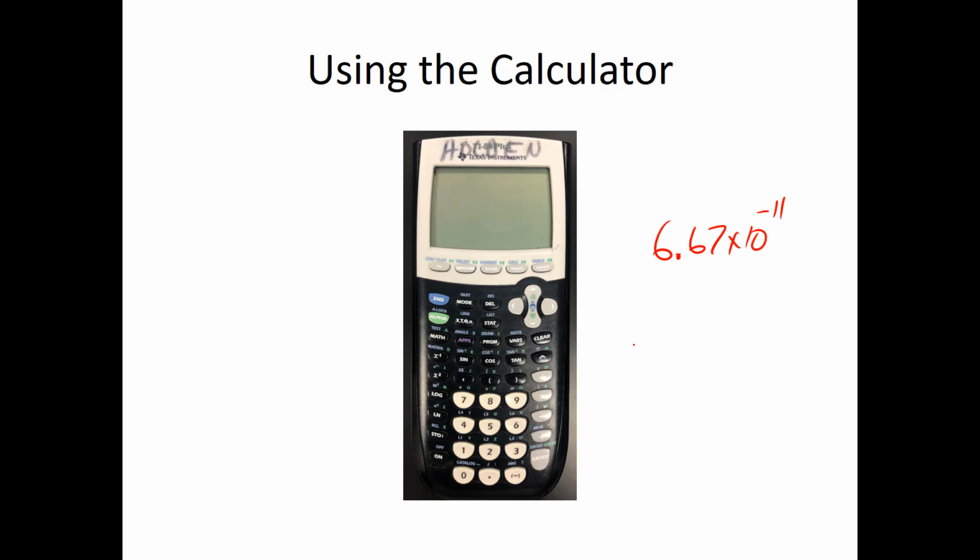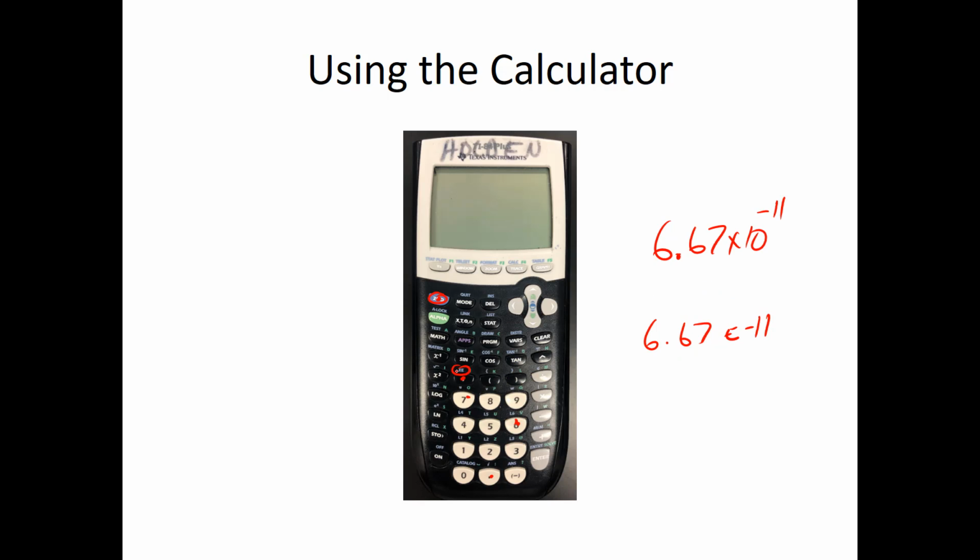In order to type this in, all you have to do is type in 6.67. At that point you'd see 6.67 up here. Then you're going to look for that little EE: you hit second, and then this button, and your calculator is going to show an E. After you type that in, all you have to do is type in negative 11.